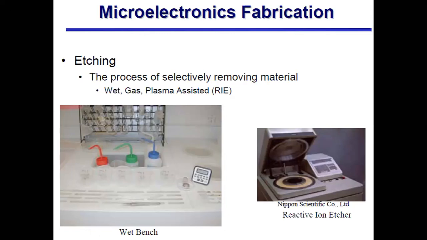Wet etching takes place inside the wet bench. In the clean room, we have a bench which is known as the wet bench. It is a laminar flow bench, but we use liquid solvents, so we call it wet bench. In the wet bench, you can perform the etching inside beakers.